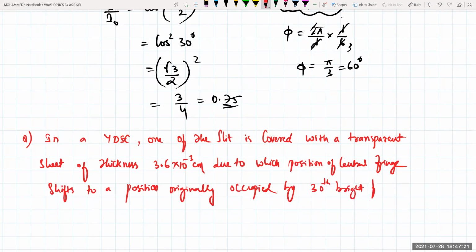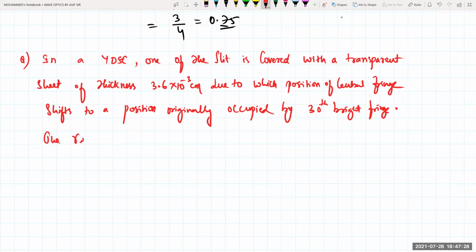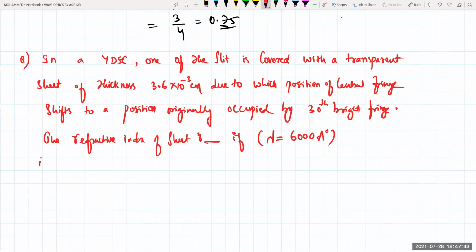The refractive index of the sheet is, provided lambda is equal to 6000 angstroms. The first option is 1.5, second option 1.2, third option 1.3, fourth option is 1.7.